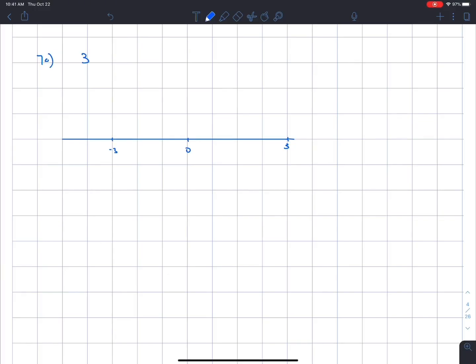Because the definition of an opposite number, so opposite numbers have equal distance away from the 0 on the number line.